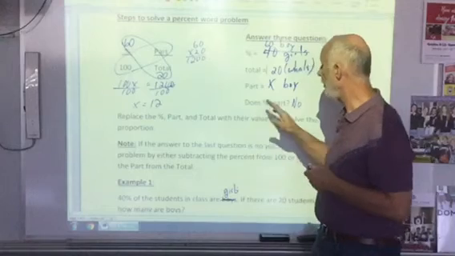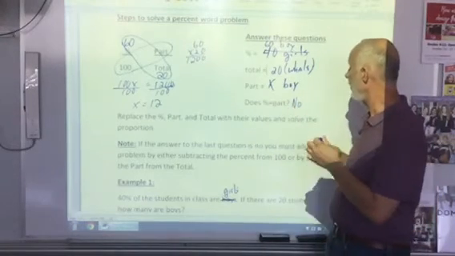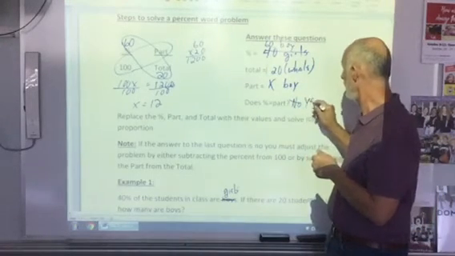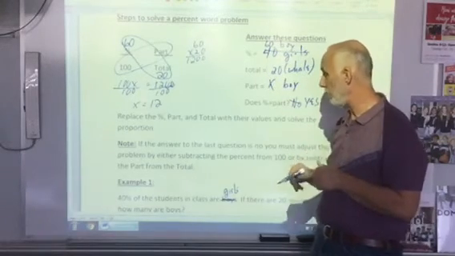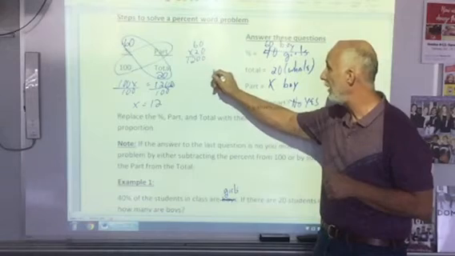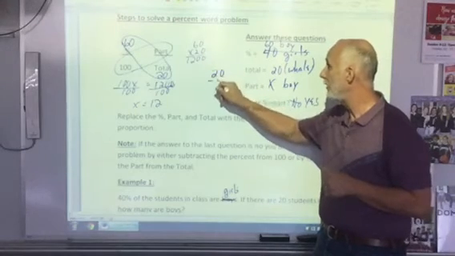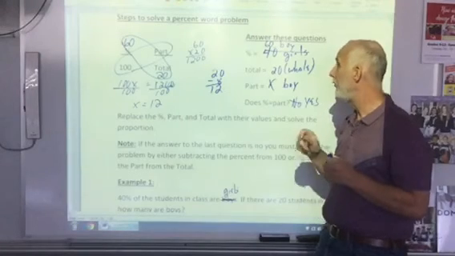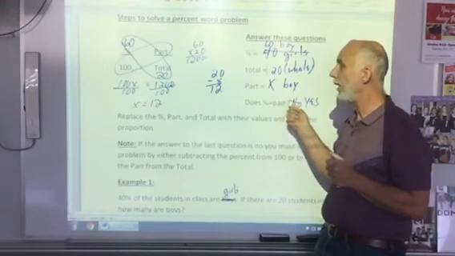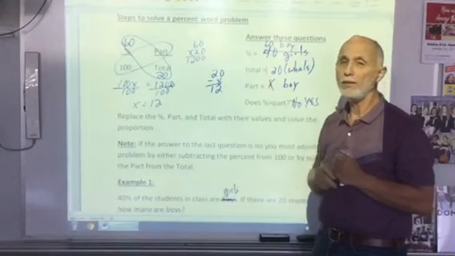By the way, if you don't want to adjust the problem from being no to yes by subtracting the 40 from 100, you could get the same answer by taking your other answer of 8 and subtracting: 20 minus 8 is 12.